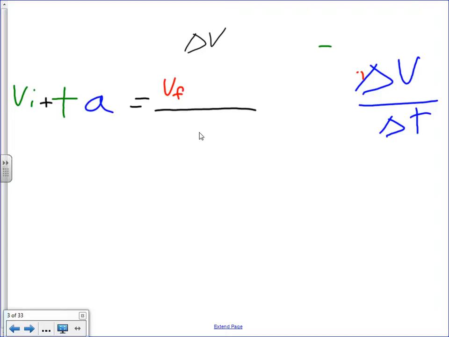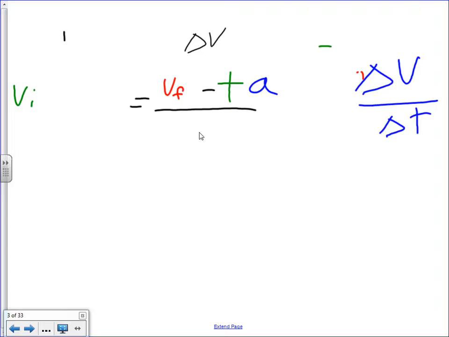So really, T times A is just a number like X. So I could just subtract it over to this side because I will have already done that operation. So that's what I'm going to do. I'm going to subtract T times A, and that'll give me VI, which is exactly what we said.